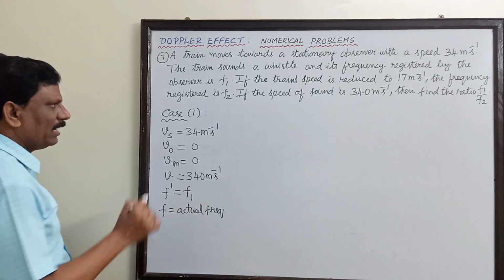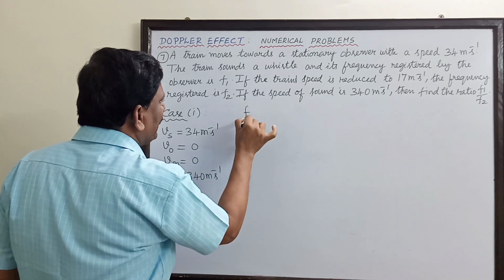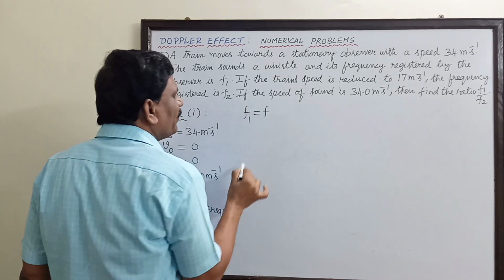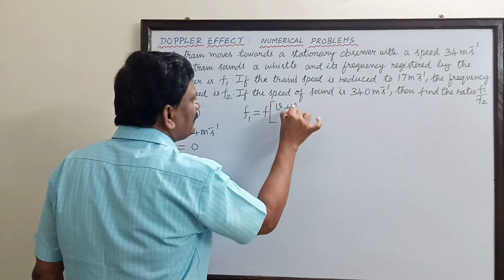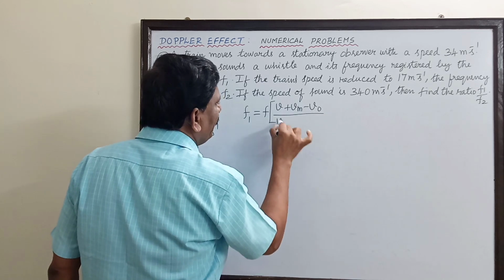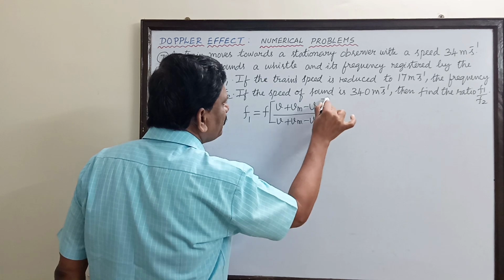So as usual, F dash, that is F1, is equal to the actual frequency F multiplied by V plus V medium minus V observer, divided by V plus V medium minus V source.